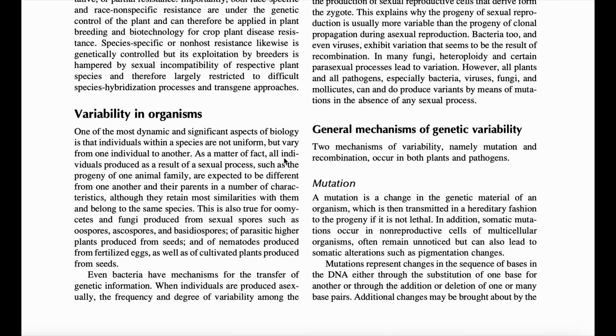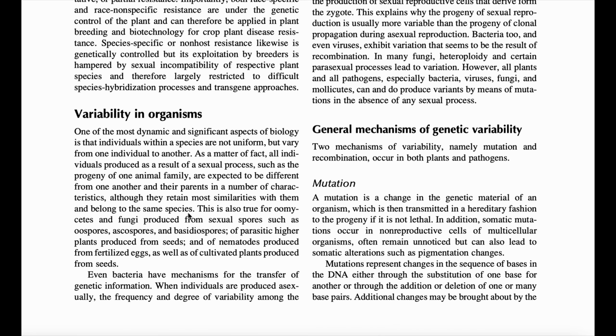As a matter of fact, all individuals produced as a result of sexual process, such as the progeny of one animal family, are expected to be different from one another and their parents in a number of characteristics, although they retain most similarities with them and belong to the same species.